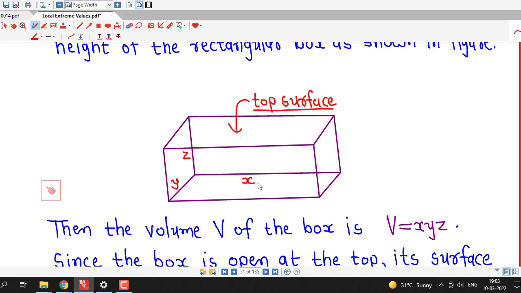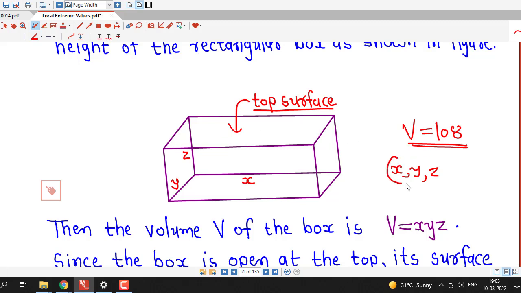Suppose x is the length, y is the width and z is the height of the rectangular box. We have to construct this rectangular box in such a way that volume is 108 cubic centimeter and we have to find out values of x, y, z for which least material is required to construct this rectangular box.